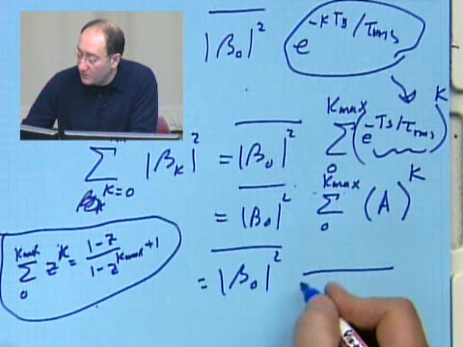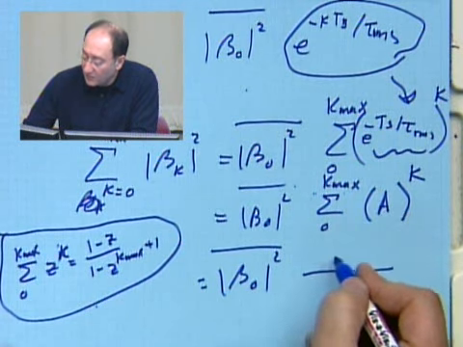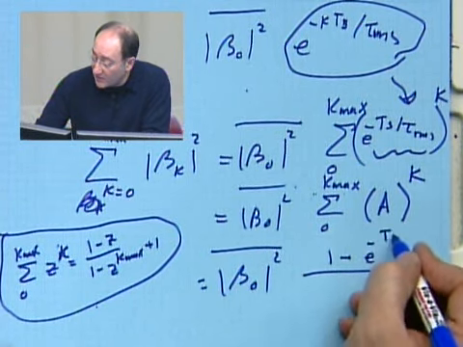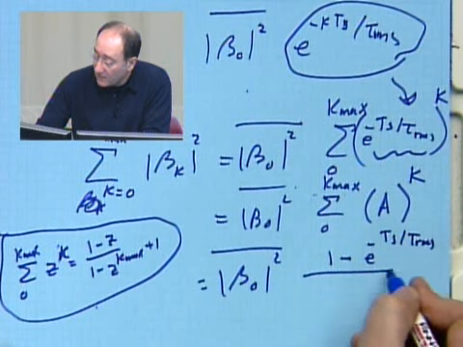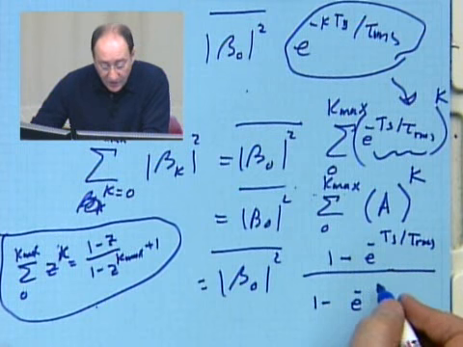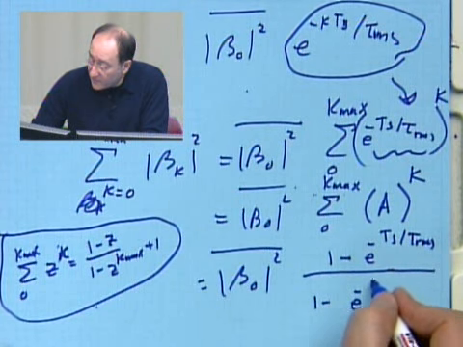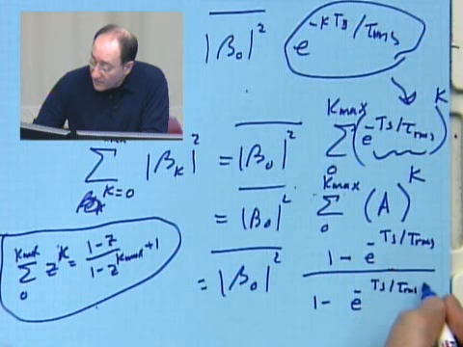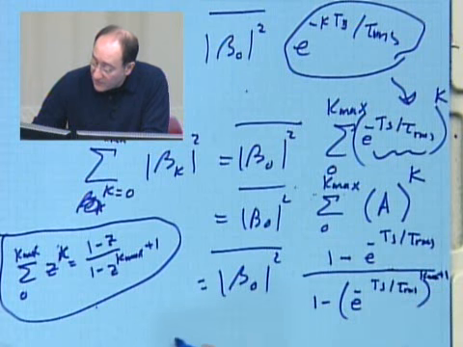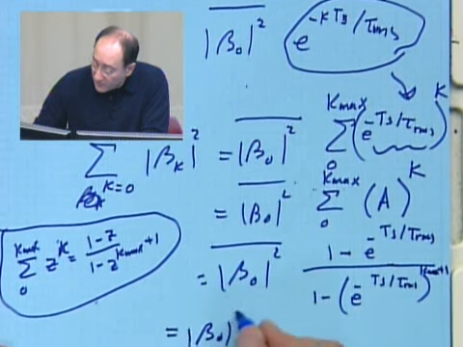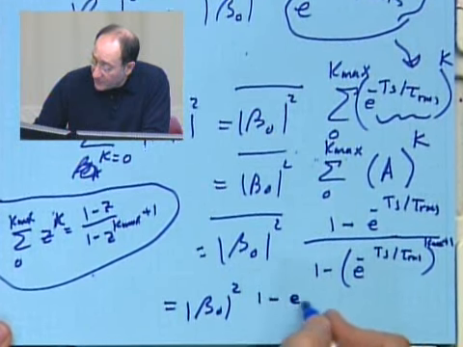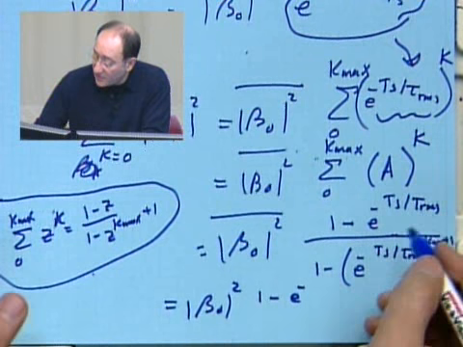Okay, so this would be equal to beta 0 squared times 1 minus A over 1 minus A to the power of k max plus 1, where A was e to the minus ts over tau RMS. Sorry, this is the other way around.